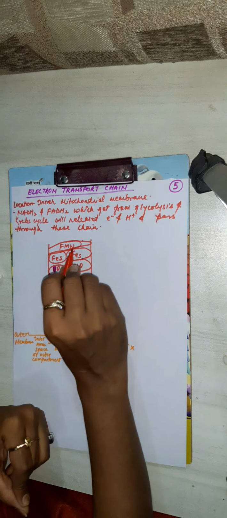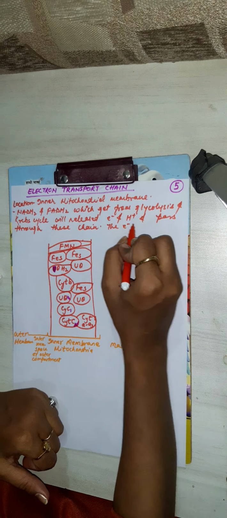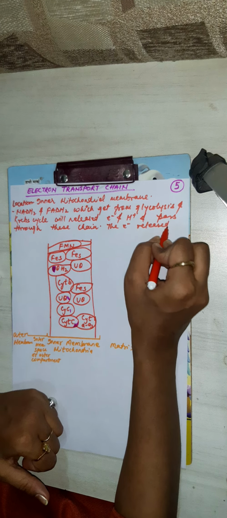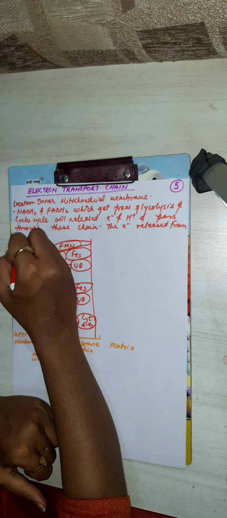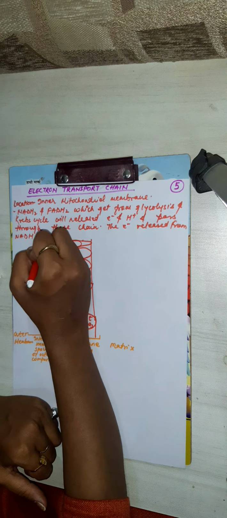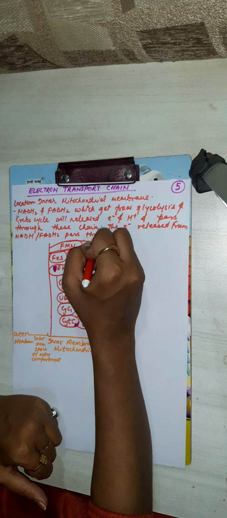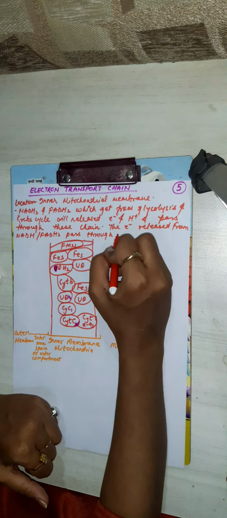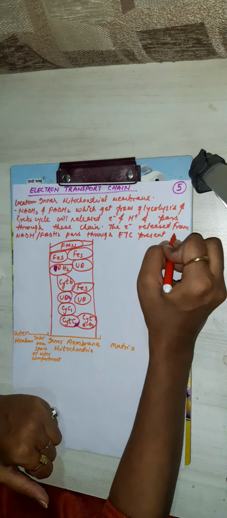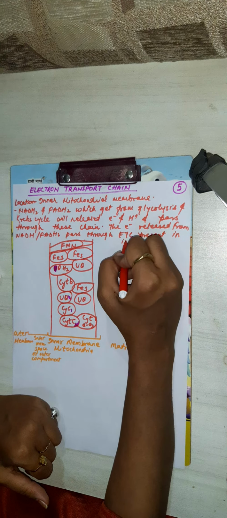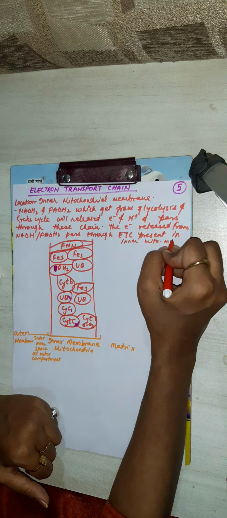Or you can say the electrons released from NADH and FADH2 pass through the ETC, which is present in the inner mitochondrial membrane.